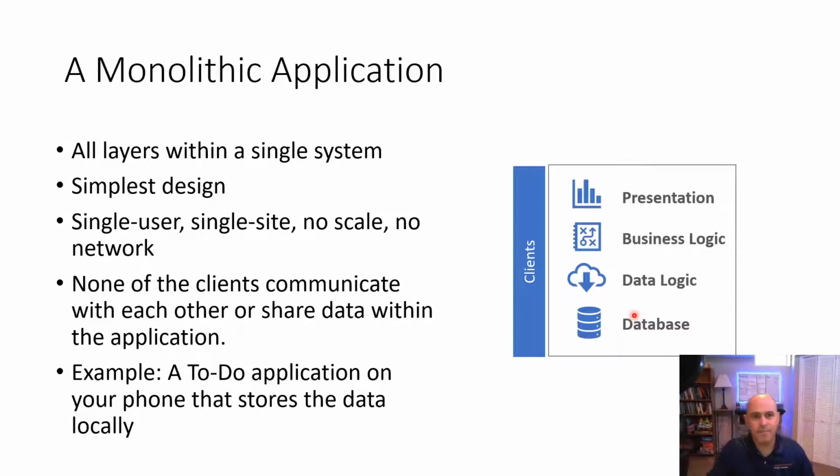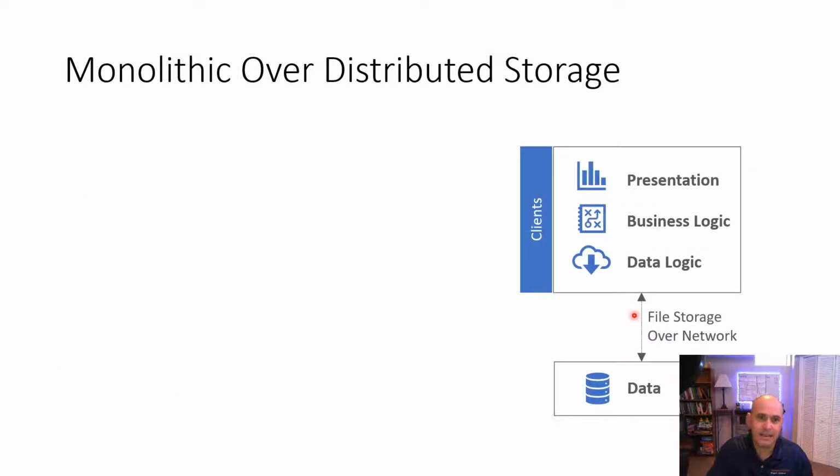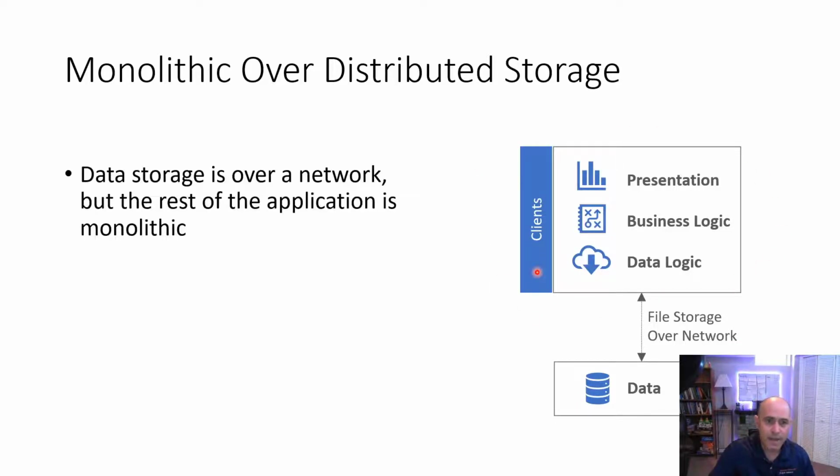One step up from a regular monolith is we take that data that's part of the monolith, and we store that over a network. We distribute that, so we might take the data from the application and put it on something like Google Drive. But then the rest of the application is all still there. This is a little better than a monolith because now you get single user, but you maybe can use it in multiple places.